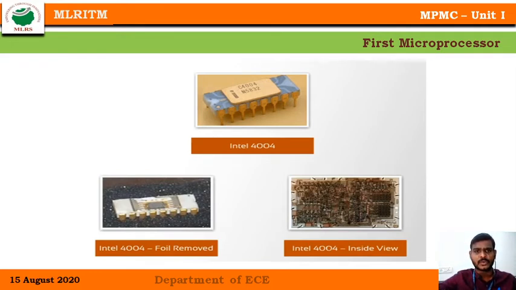If you remove the golden foil over it, this is the architecture after removing the foil. Even if I zoom in with a microscope after removing the foil, this particular figure shows the internal architecture of the 4004, the inside view of the 4004.